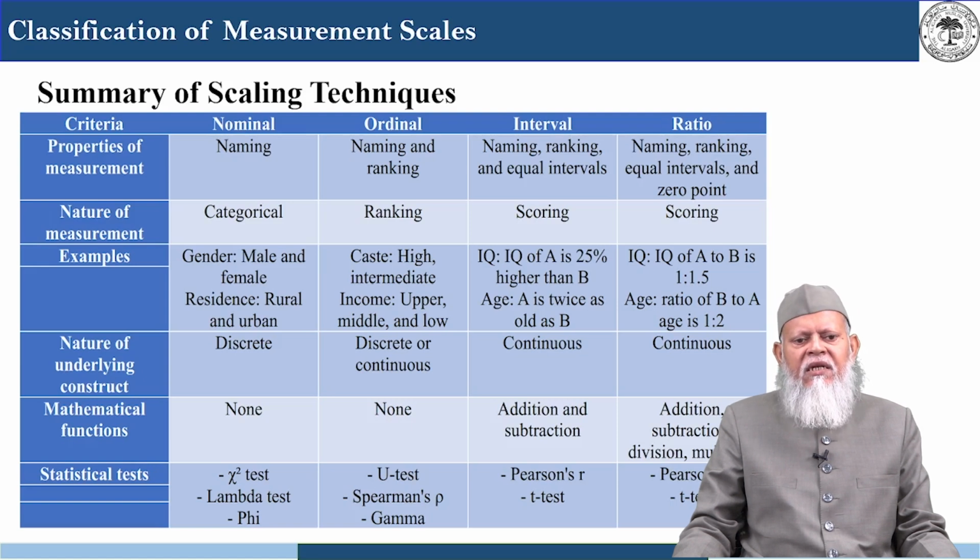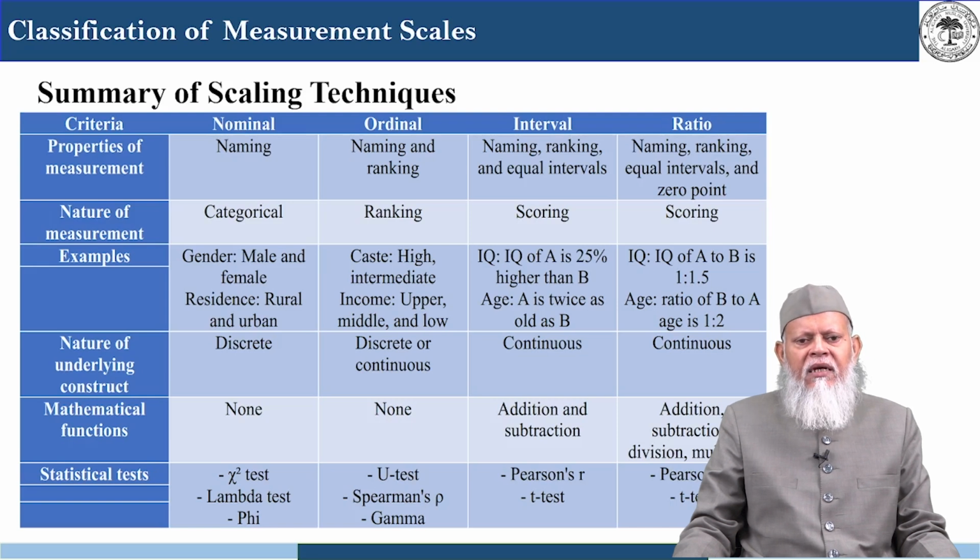As for the nature of measurement, the nominal scale is used for categorical scaling, ordinal for ranking, interval for scoring, and ratio for scoring.